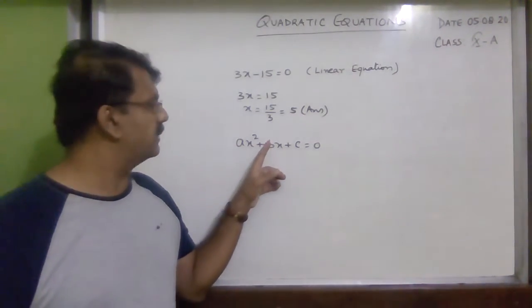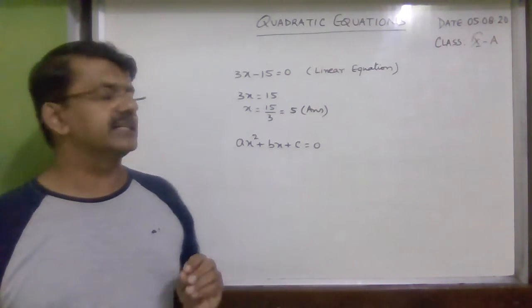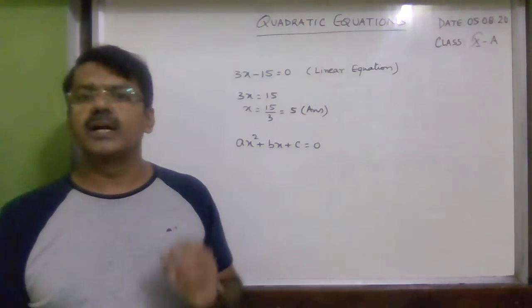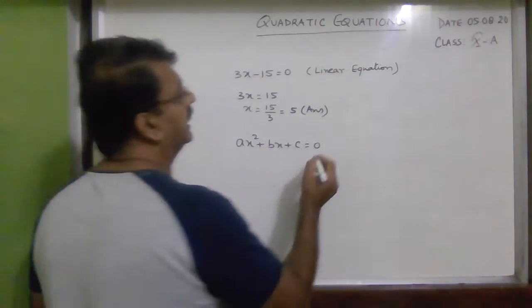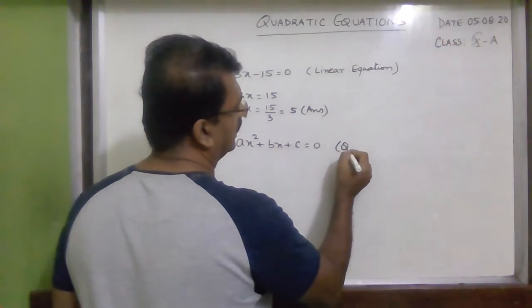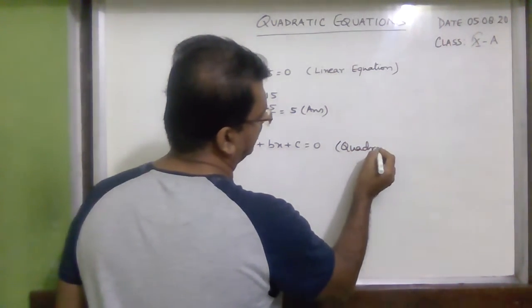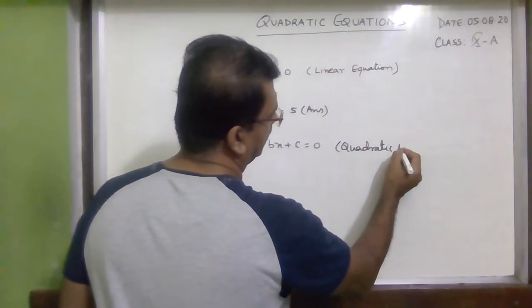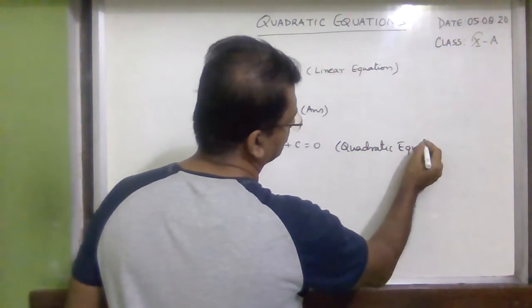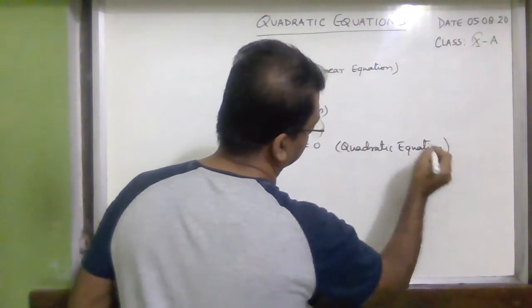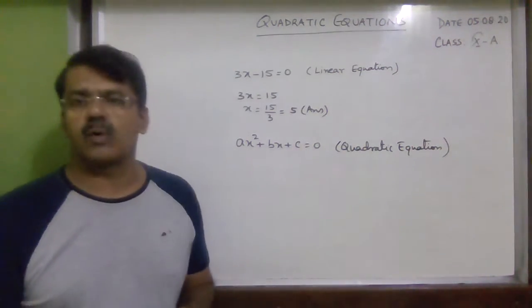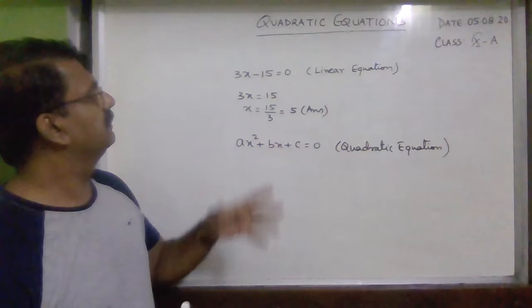Here the highest power of x is 2. Highest power of the unknown is 2. And that is why it is called a quadratic equation. This is called a quadratic equation.